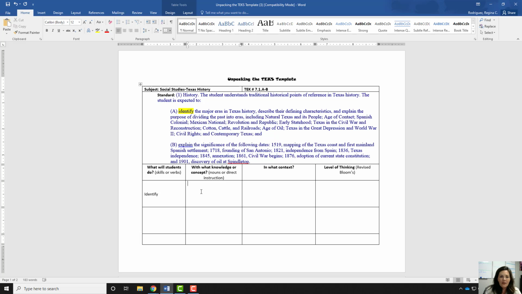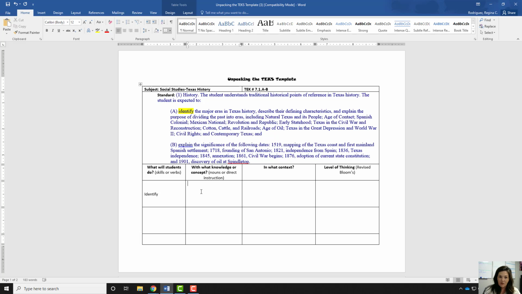So it says identify the major eras in Texas history, describe their defining characteristics, and explain the purpose of dividing the past into eras, including natural Texas and its people, age of contact, Spanish colonial, Mexican national, Revolution and Republic, early statehood, Texas in the Civil War and Reconstruction, cotton, cattle, and railroads, age of oil, Texas in the Great Depression, and World War II, civil rights, and contemporary Texas. Oh my goodness, are you overwhelmed? I am overwhelmed. If I asked my students to do this in 7th grade, they would definitely be overwhelmed.